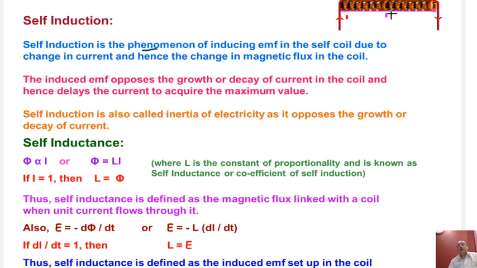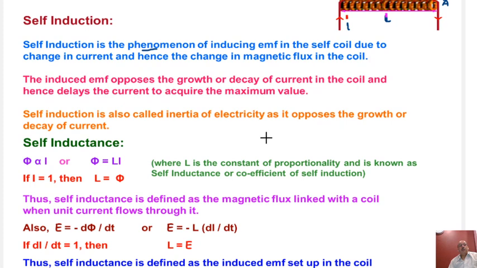Here we are taking a coil of length L and the value of current is I. Area of the coil is A. If there is a change in current, induced current will be developed. The phenomenon of induced EMF developed by the coil is called self-induction.